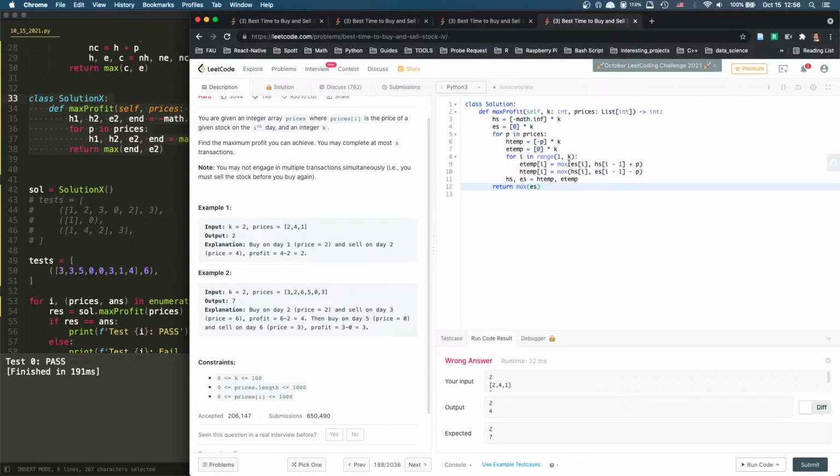Empty equals the maximum of the previous empty on the same thing. And then, oh, I think it's HS I. Is it HS I? It's not I minus 1.